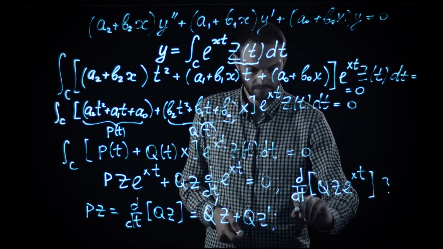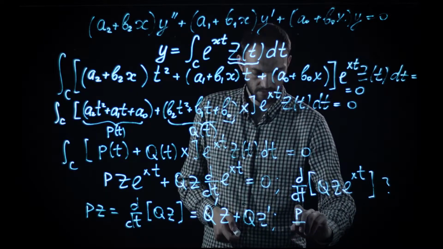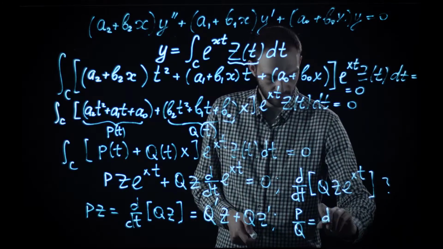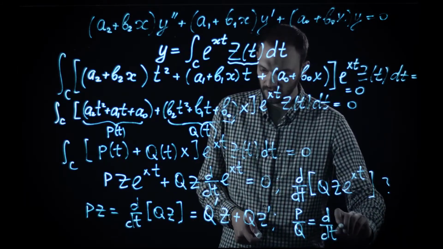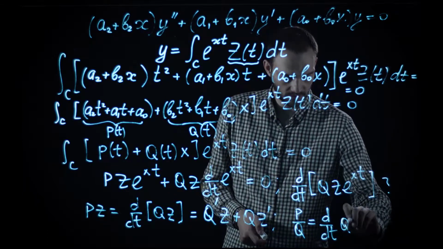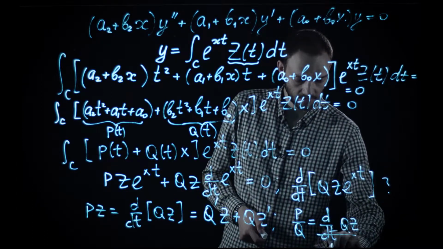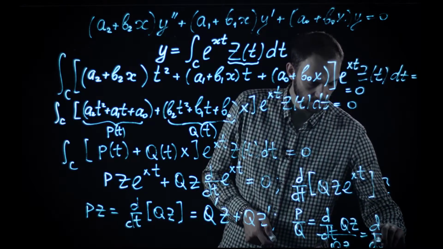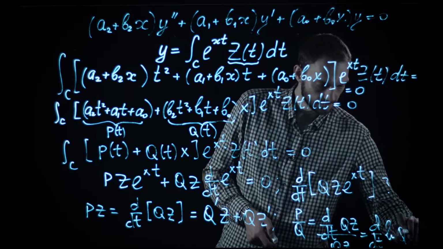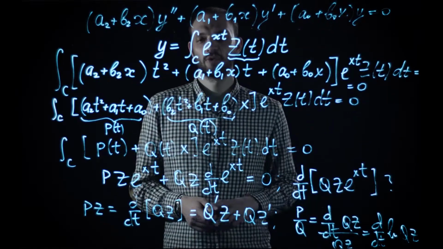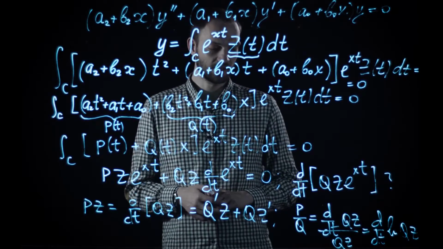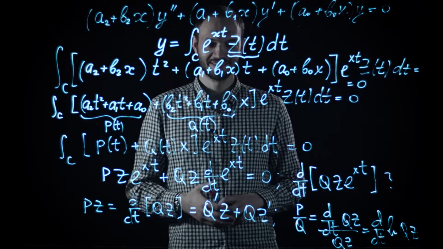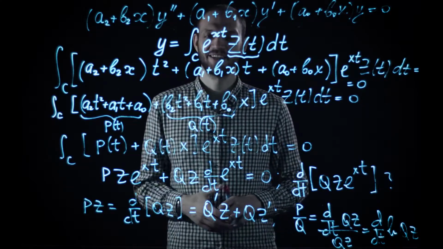As a result, we have p over q equal to d over dt of qz divided by qz, which is just the derivative of the log of qz. With this, we have almost achieved our final goal, and this equation is easy to integrate, but apparently there is no room on this slide, so let's go on with a clear blackboard.